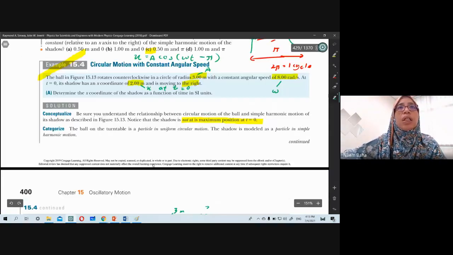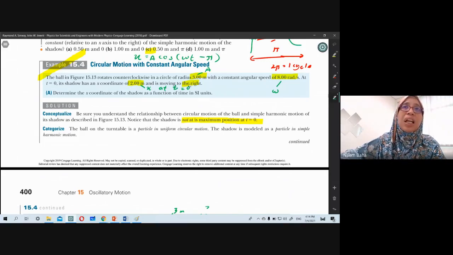Just recall the case itself. The object rotates counterclockwise and it's moving to the right. At time t, it started at 2 meters, and since it's moving to the right, it's trying to go to the maximum amplitude, which in this case is 3.